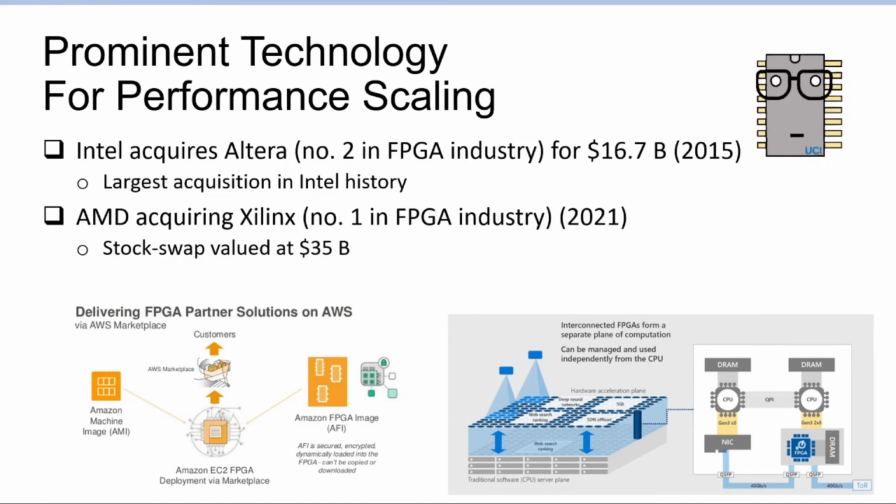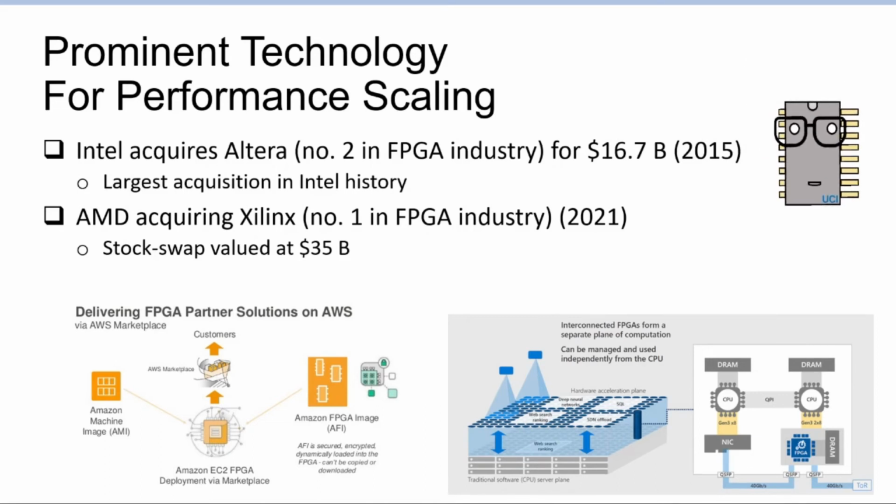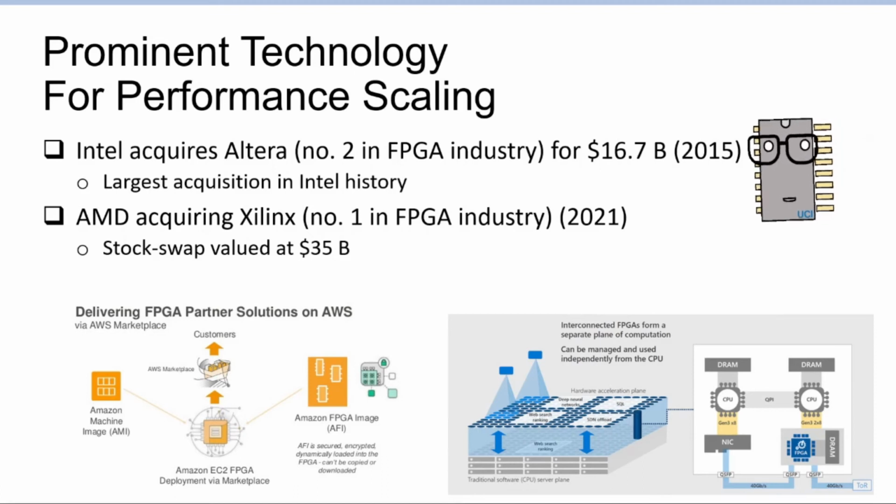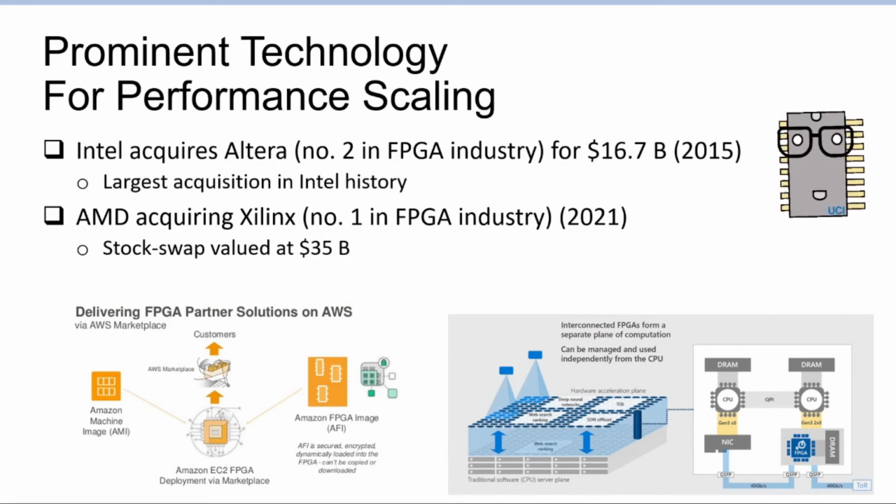And this is one of the reasons that prominent chip designers have been jumping into the FPGA space. Back in 2015, this was really big news at the time. Intel acquired Altera, which used to be the number two FPGA designer and manufacturer in the industry, for $16.7 billion, which is still the largest acquisition in Intel history, which is kind of cool.